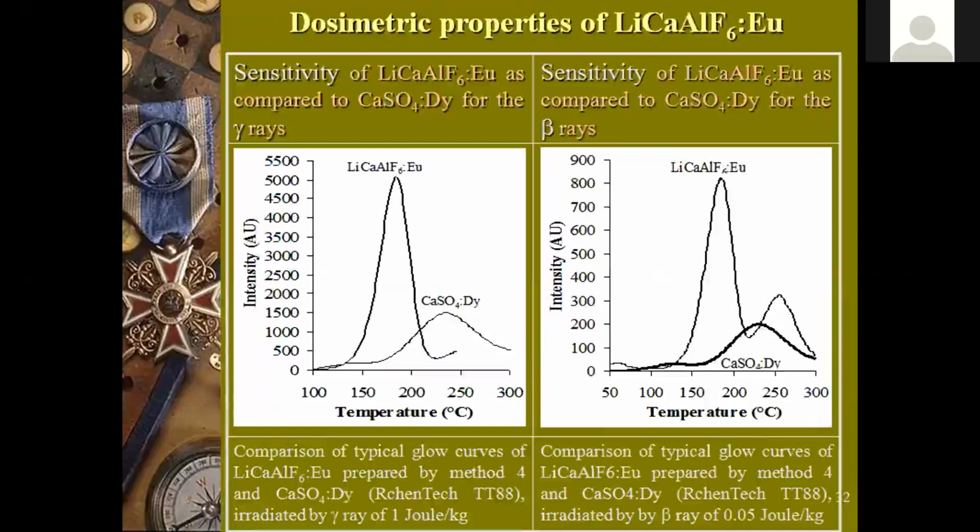Sensitivity as compared to CaSO4:Dy, gamma ray sensitivity and beta ray sensitivity. In both cases, you will see that the performance of the LiCaF6 is much better than the standard CaSO4:Dy, which is being widely used.